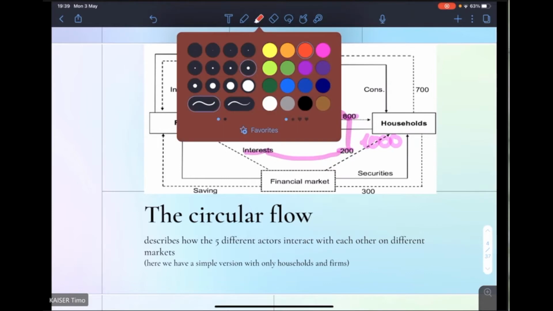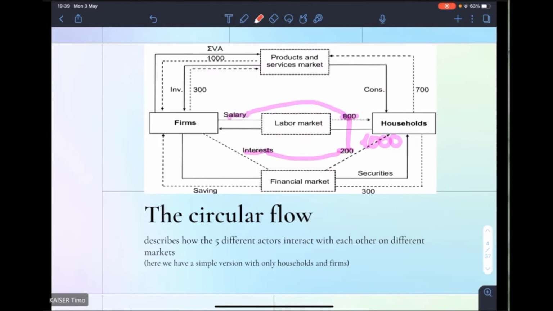The other method, as I told you, is the expenditure method, which is the normal GDP formula that we know: Y = C + I + G + X - Z. However, because we don't have a government here, nor the rest of the world, so no X and Z, it only depends on C and I. As you can see, consumption C is 700 and investment I is 300. 300 plus 700, again 1,000.